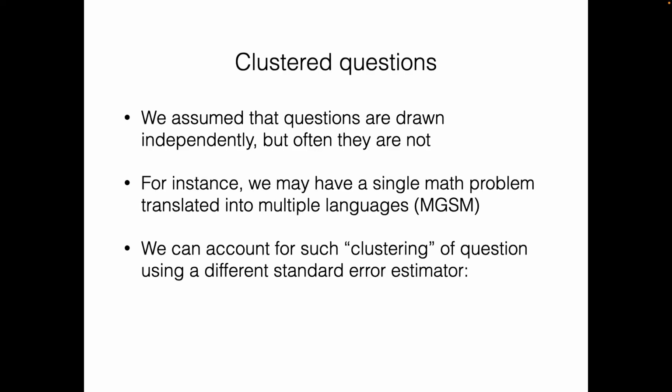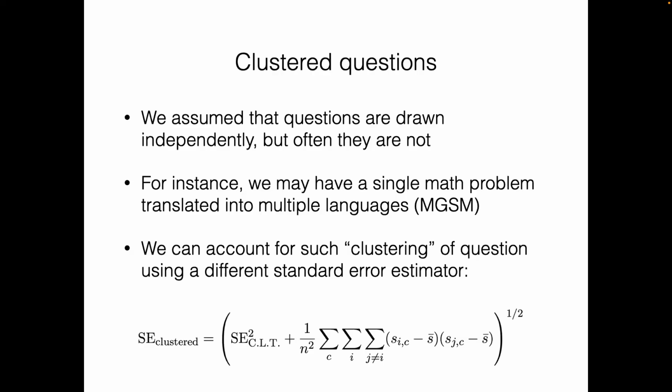You could call this clustered inputs or clustered questions. I'm not going to go through the full background of this, but here's the estimator that you get for the standard error when you account for the clusters. And you can see here that it involves a summation over the clusters.